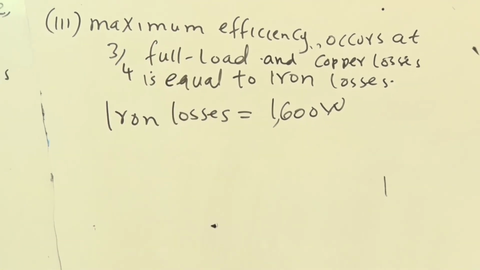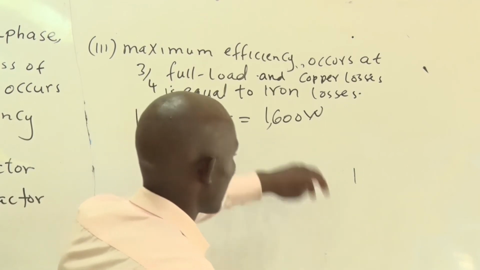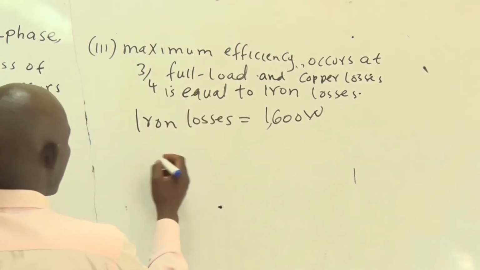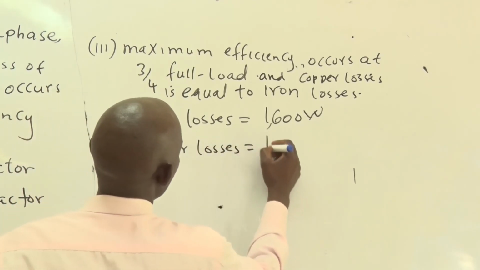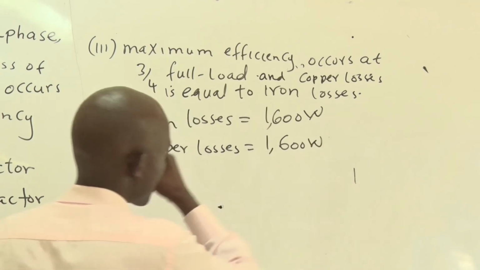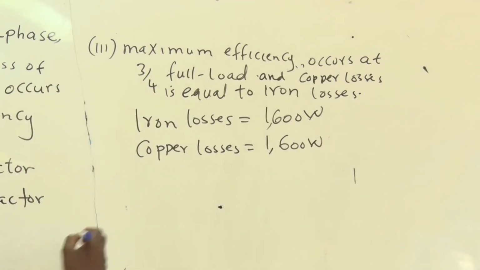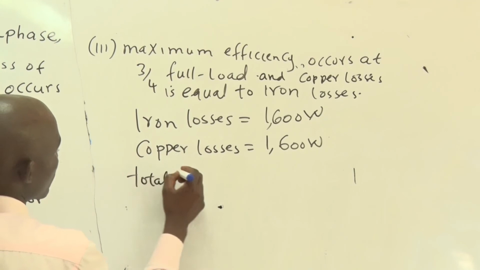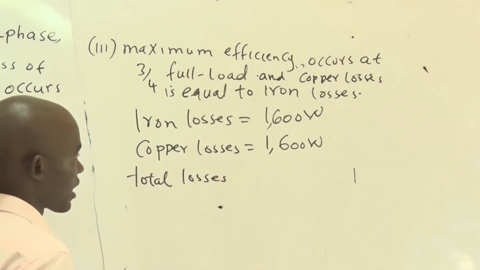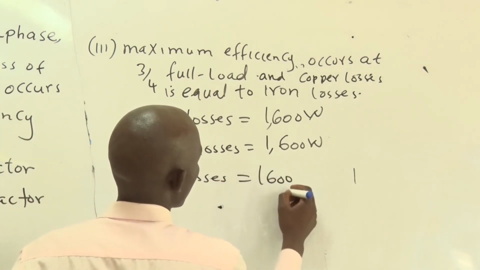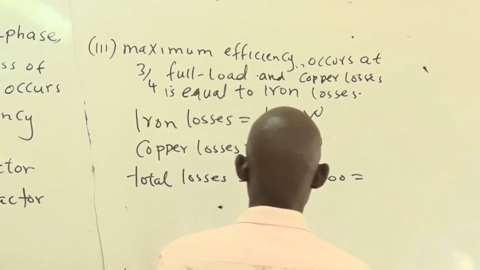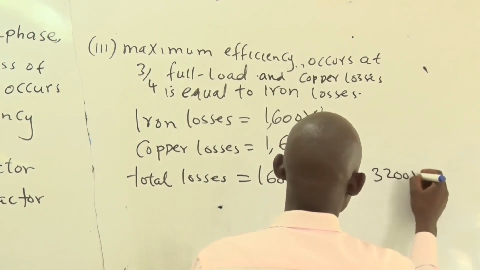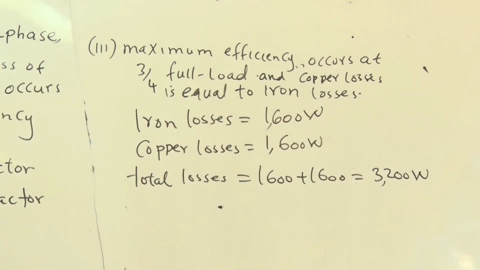So the iron losses are 1600. Then it goes without saying that the copper losses will also be 1600 watts. Meaning total losses at that particular point will be equal to 1600 plus 1600, which gives us 3200 watts. So the total losses is 3200.